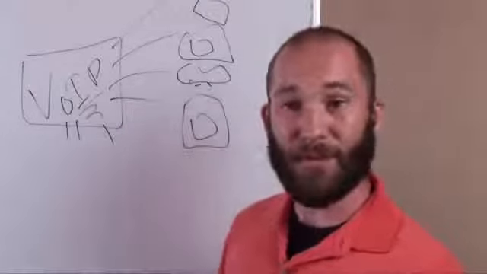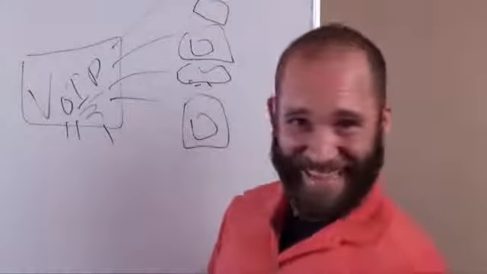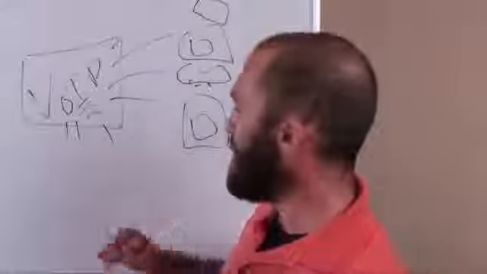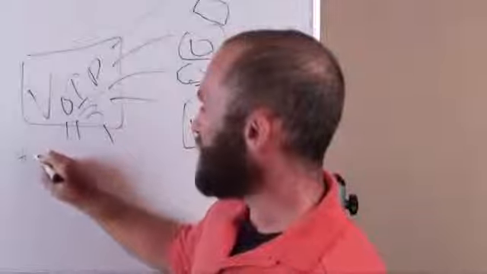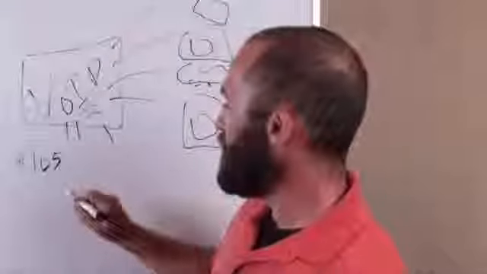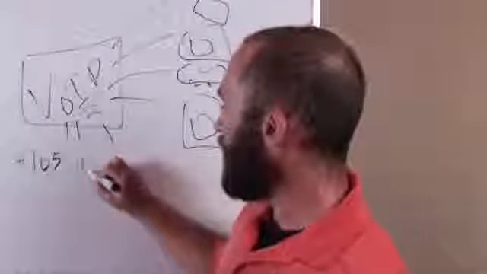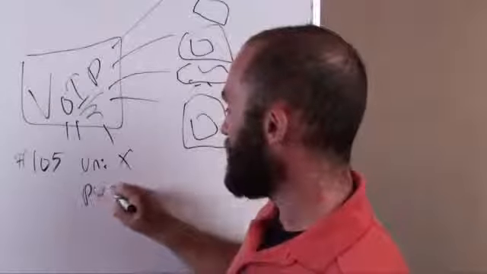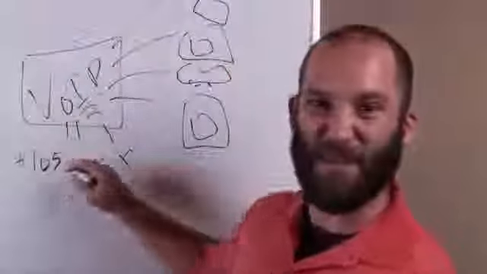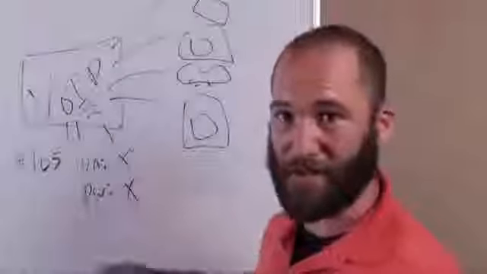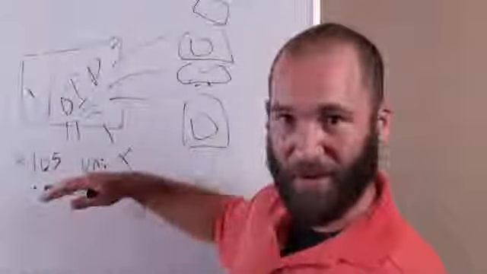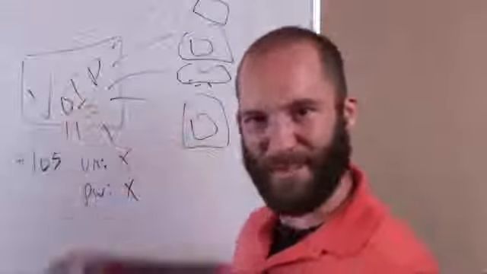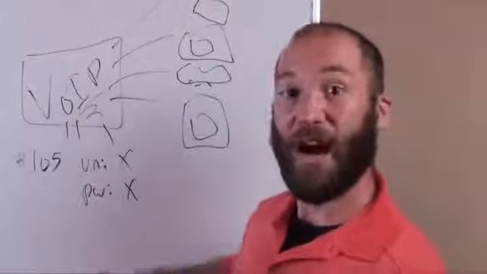If you've dealt with Windows servers or Linux servers, it's kind of the same way. So if you're setting up, let's say, extension 105, you would say extension 105, the username is X, and the password is X. And then you would set a whole bunch of other configurations. If you're configuring an account in the voice over IP server, there's probably 10 or 20 different configurations that you can do.